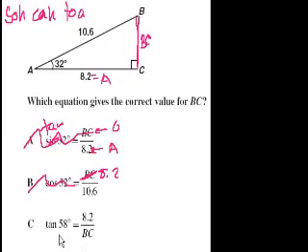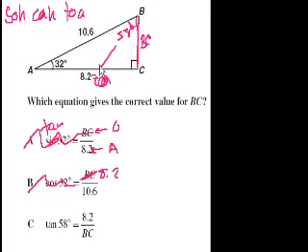Okay, so the next one, tangent of 58 degrees. Where are they getting that 58? Well, they know that this is 32, this is 90, so this is going to be 180 minus 32 minus 90, because the angles in a triangle add up to 180. So this angle right here is 58 degrees. Now if we use that angle, we have to relabel opposite and adjacent. From this angle's point of view, tangent is opposite over adjacent.